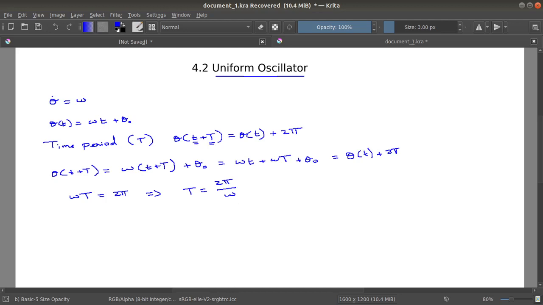Now we'll see an example where we could observe this uniform oscillatory behavior.